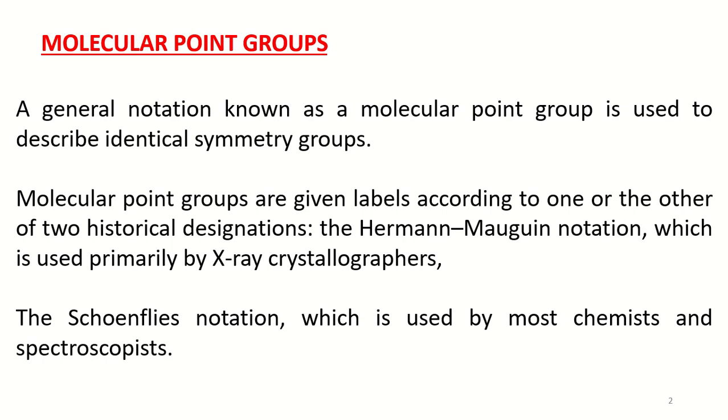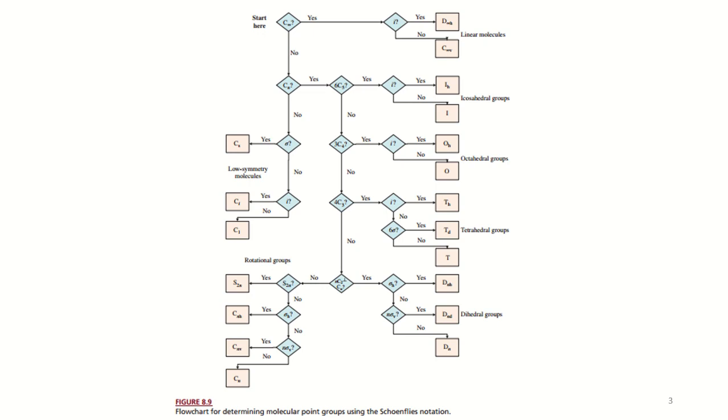Our focus in this lecture is on the more commonly used Schoenflies notation, the second one. The point group for any given molecule can be determined by listing all the molecule's symmetry elements and operations and then following the flow chart given in this figure.